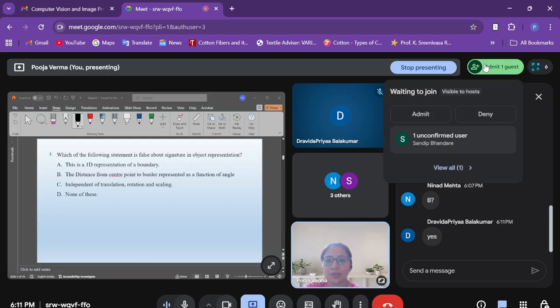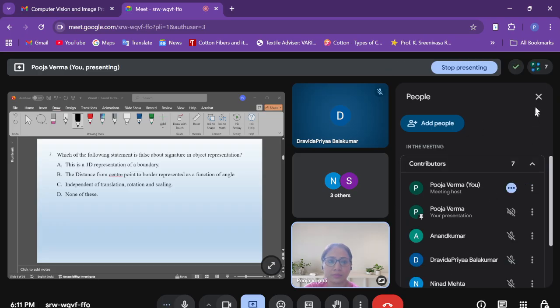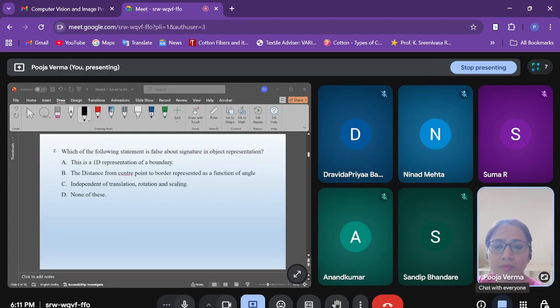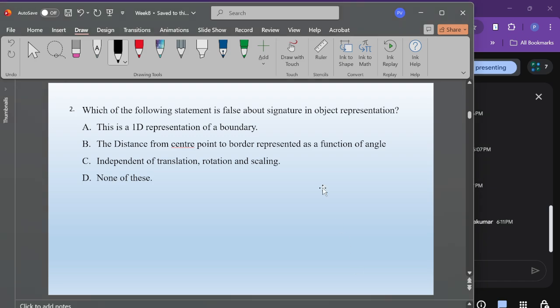which of the following statements is false about signature in the object representation? Option A, this is a 1D representation of a boundary.